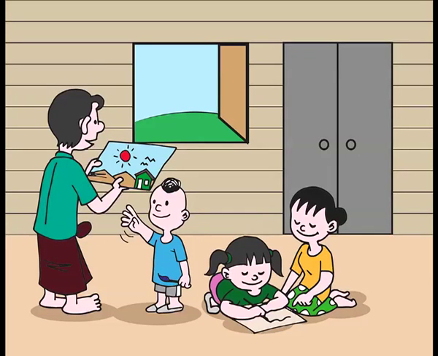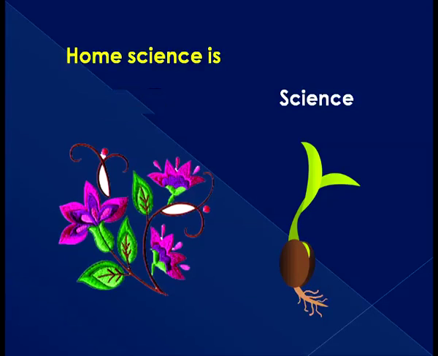This is a simple picture of a home, how a lady is teaching and enjoying with the children. When we are talking about home science, it tackles two things. One is art and one is science. Here you are seeing the two pictures.